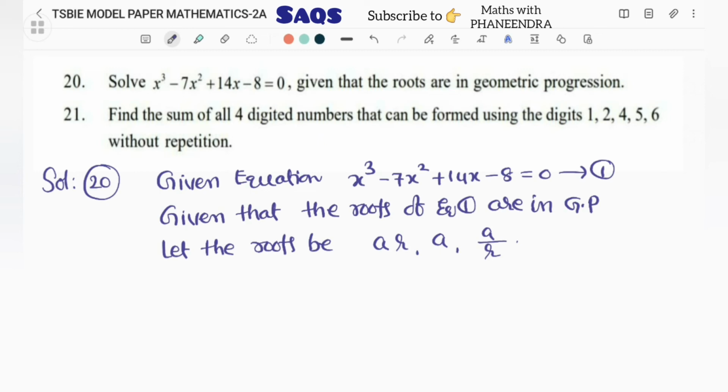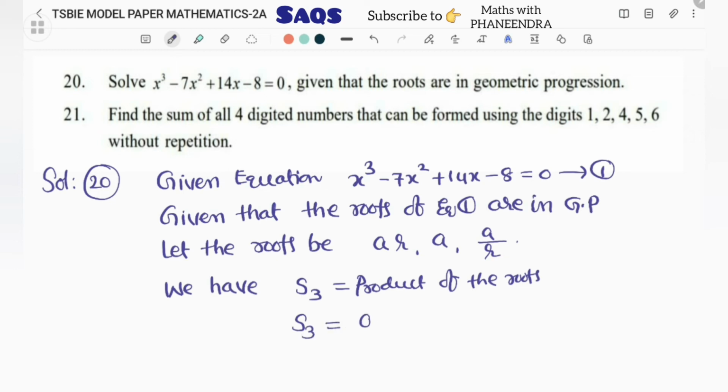After that, what we have to do? It is better to take the product of the roots. So here the product of the roots, S3, is equal to AR into A by R.